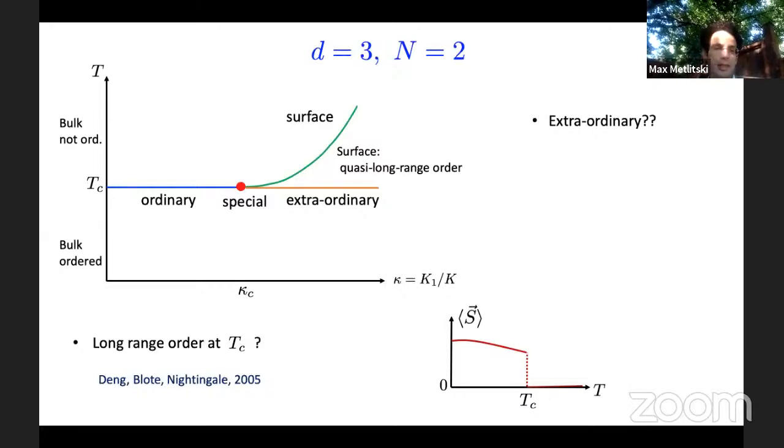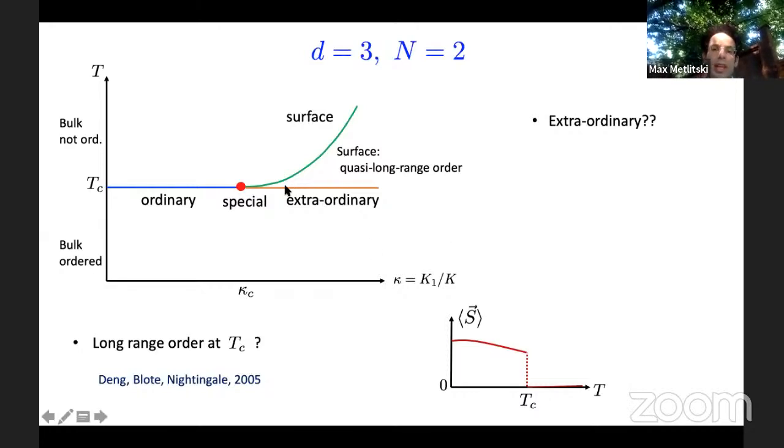This is a strange scenario, but it's actually quite hard to shoot down immediately. The reason is that above the bulk TC we have a finite correlation length in the bulk, so essentially we can integrate the bulk out and get an effectively local boundary Hamiltonian.